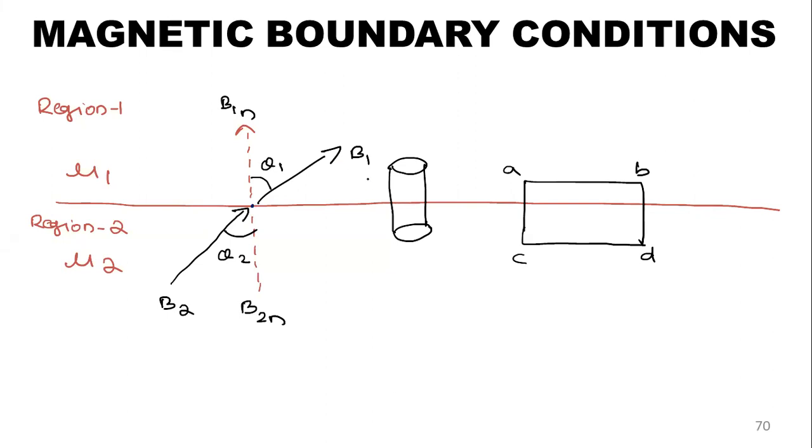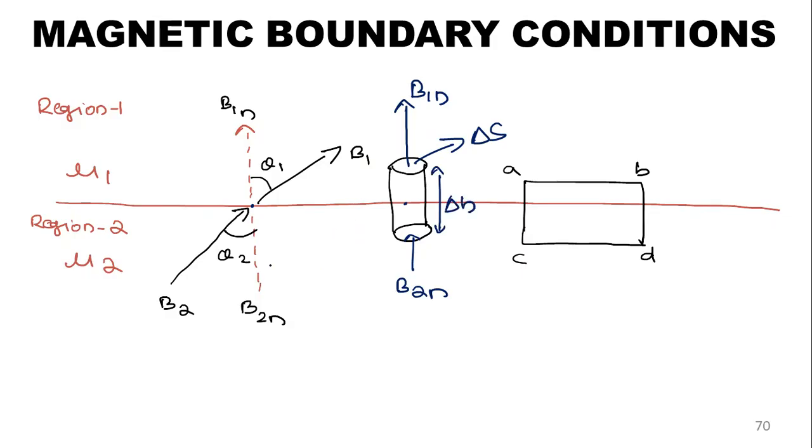Now we will consider a cylindrical surface of surface area delta S. So we need to derive it. You know that the same magnetic field B2 is entering here also. B1 will have B1n as the normal component, and B2 will have B2n, so B2 and B1 will have their respective normal components, and delta H will be the height.